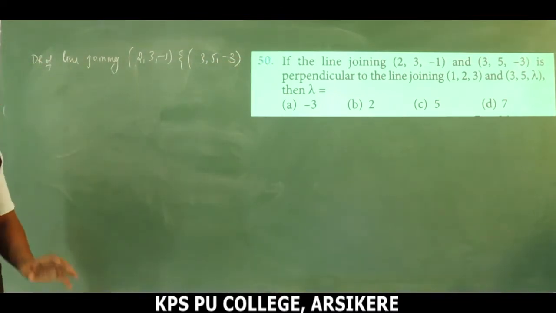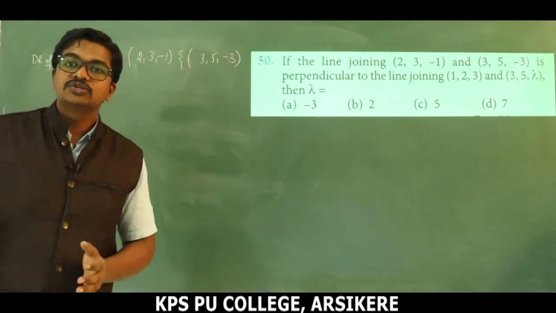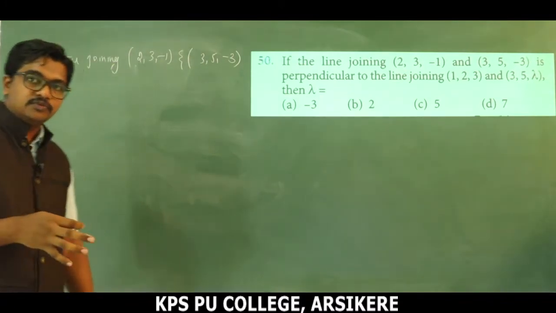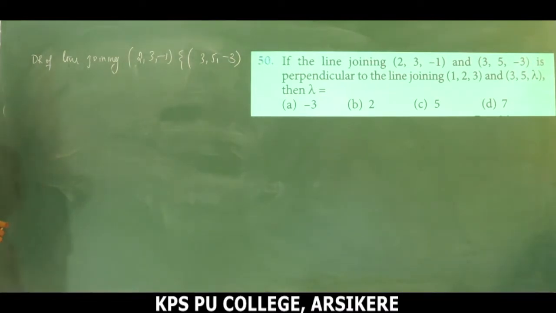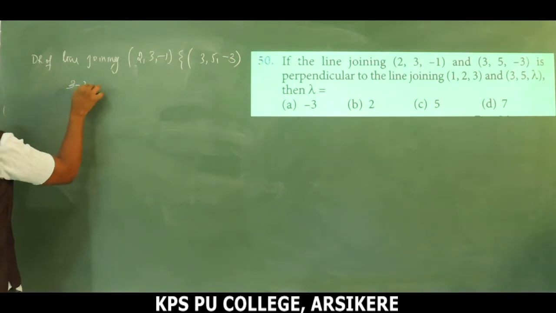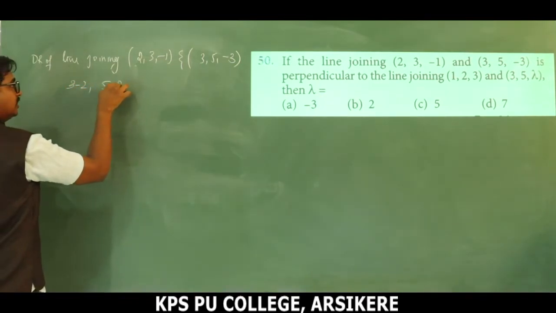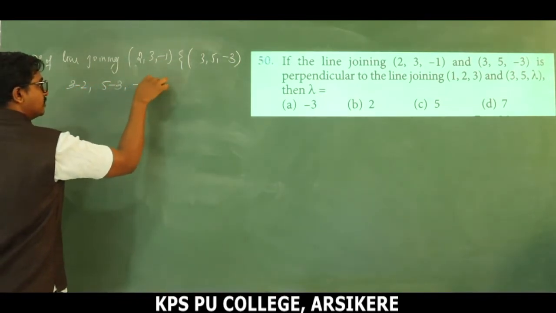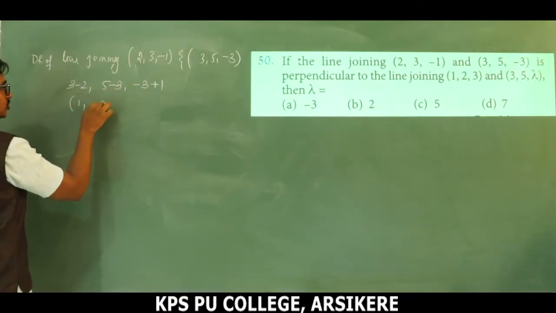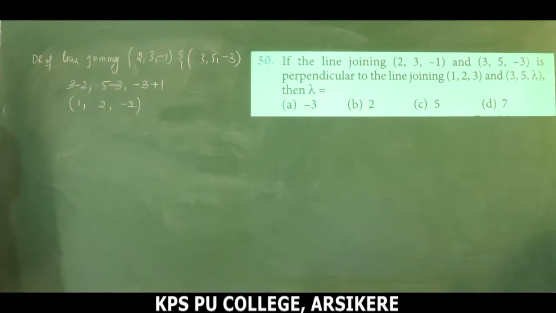When x1, y1, z1 is the first point and x2, y2, z2 is the second point, then the direction ratios become x2 minus x1, y2 minus y1, z2 minus z1. So here we have 3 minus 2, 5 minus 3, and minus 3 minus of minus 1, minus into minus becomes plus, so 1. So 1, 2, minus 2 are the direction ratios of the line joining the points 2, 3, minus 1 and 3, 5, minus 3.